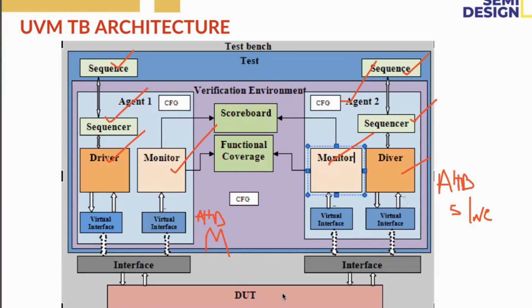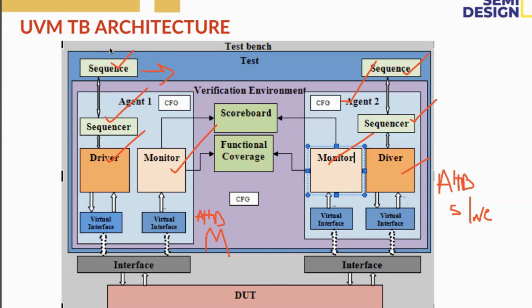So what is meant by sequence here? Sequence is nothing but a sequence of transactions. Sequence items will be there in the sequence. So what is meant by sequence items? In SystemVerilog, we have a number of transactions, or a number of packets.